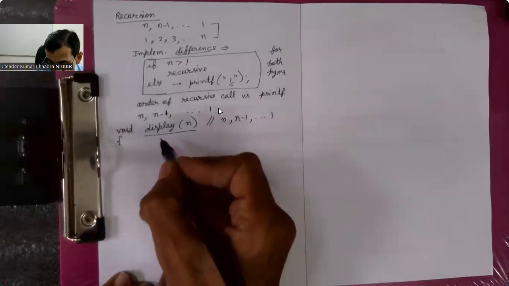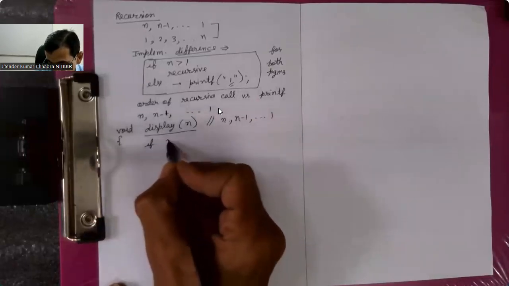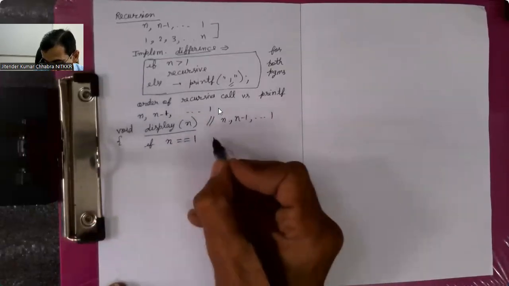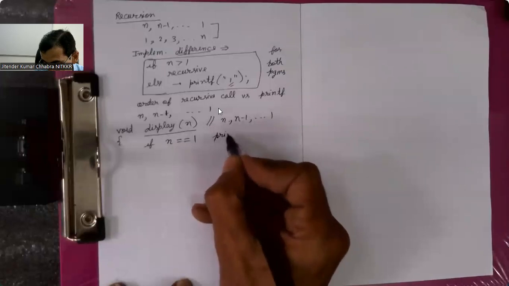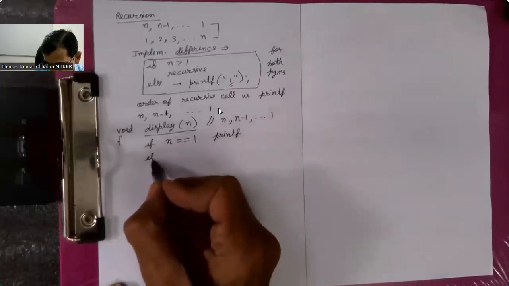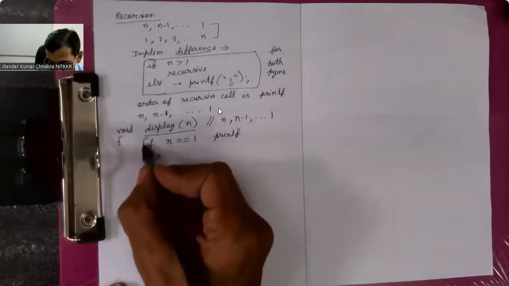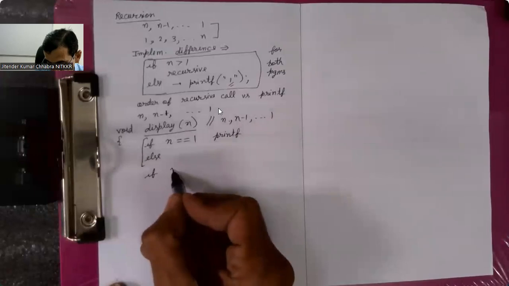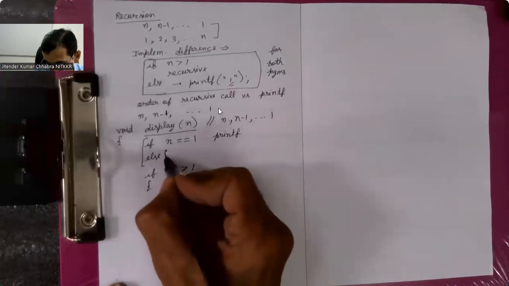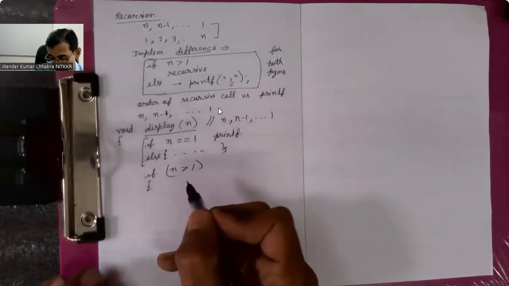Of course, you could say if n is less than or equal to 1, or if n is equal to 1, you will simply be printing. So I'll have a printf, else I will have a recursive call. Or you could also say if n is greater than 1, then I will have some recursive call. One and the same thing, either way you write.